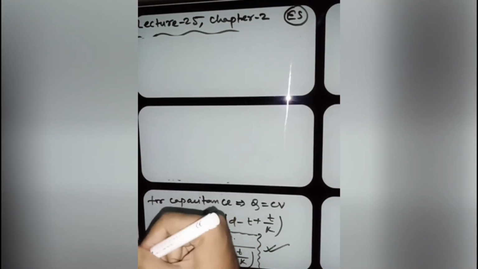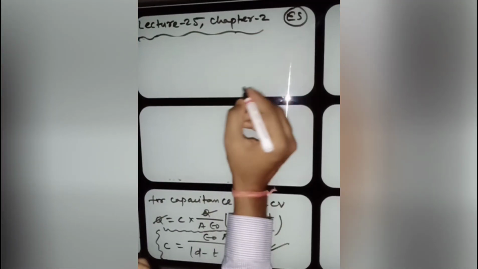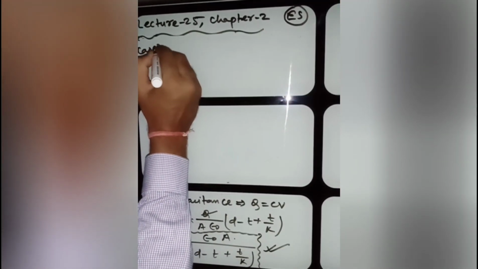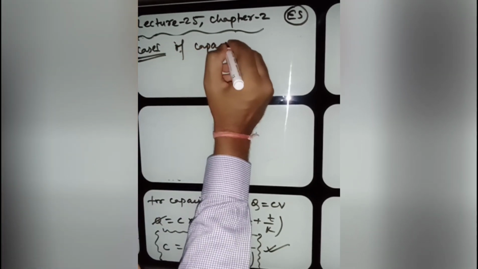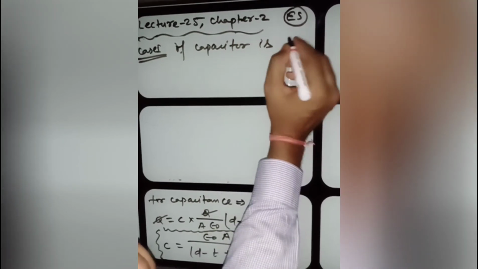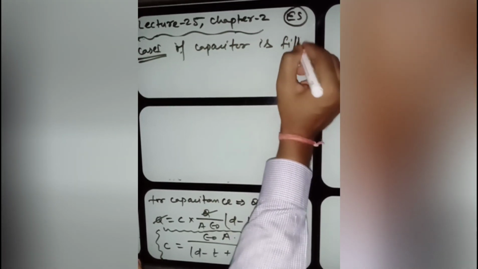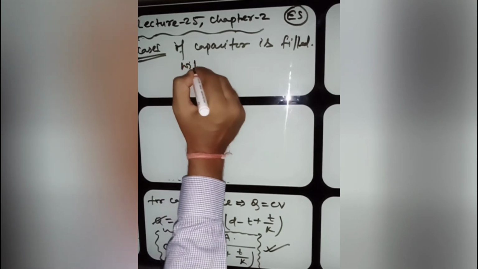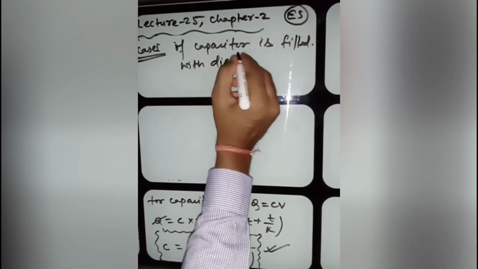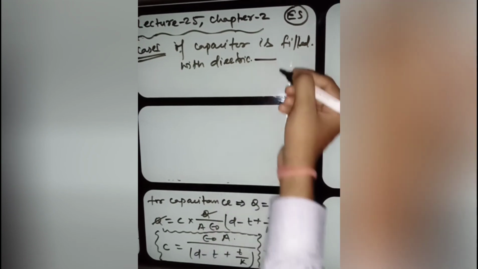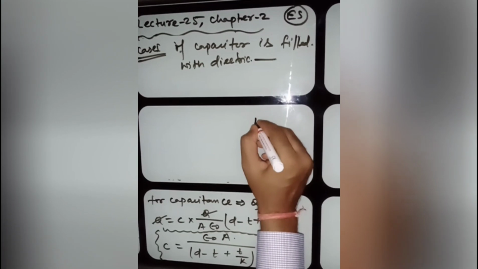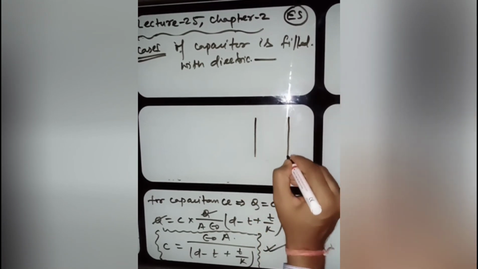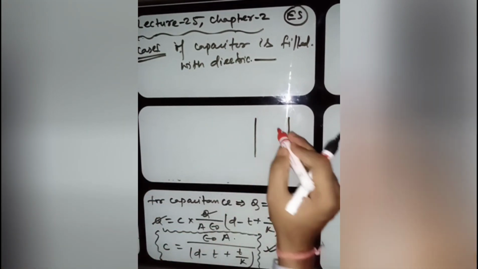Here the thickness of the dielectric was T, but in case 1, if the capacitor is filled with dielectric of dielectric constant K, it means this is the capacitor and it is completely filled with dielectric.